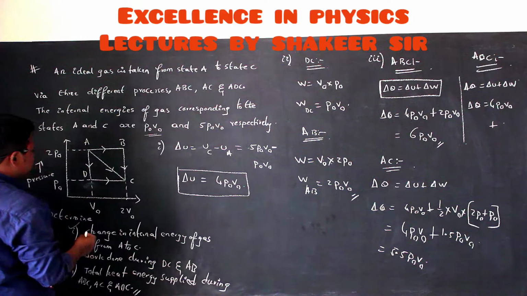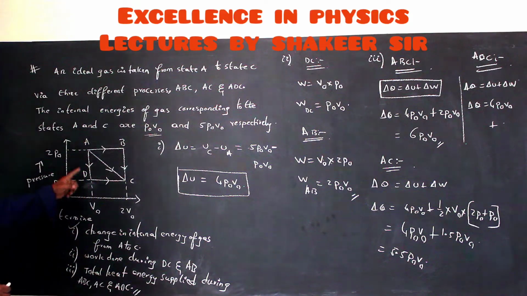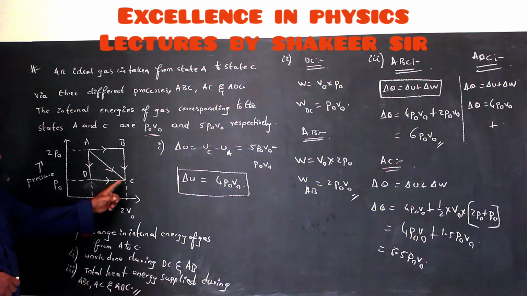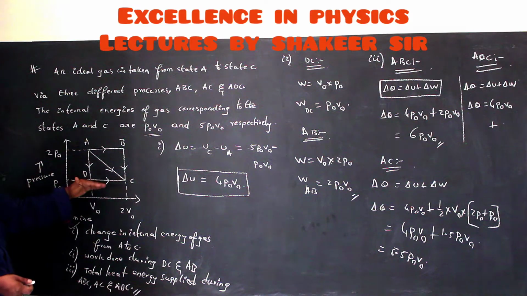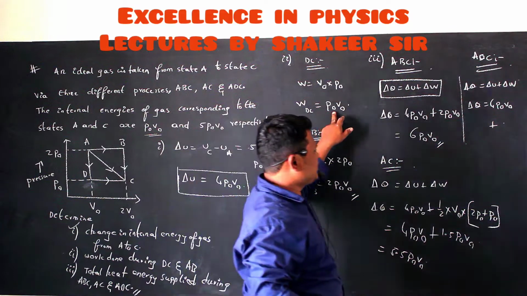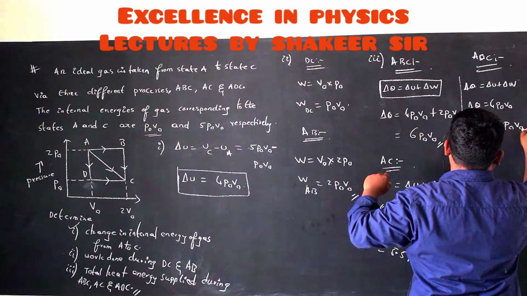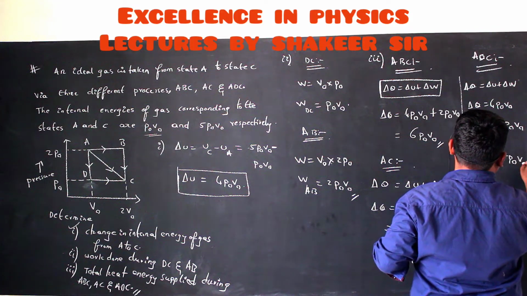In traveling from A to D, volume is not changing, so definitely work is not done. So work is done only when traveling from D to C. The area under the DC graph, we have already calculated, is equal to P naught into V naught. So plus P naught into V naught, and delta Q is equal to 5 P naught into V naught.